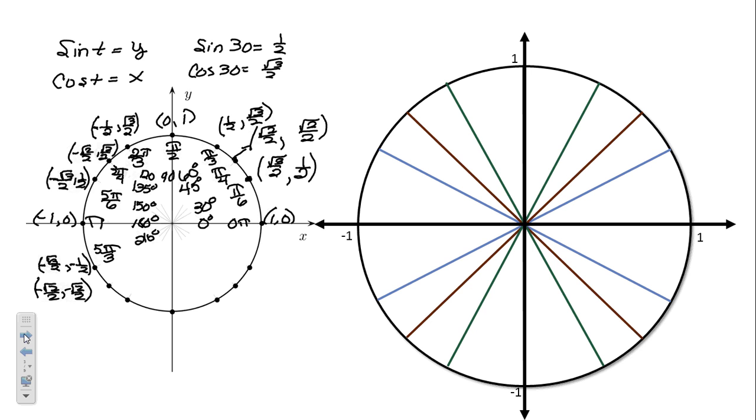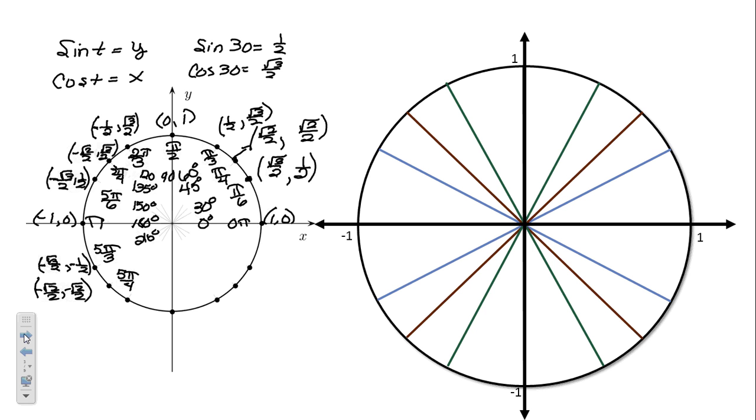And this guy is how many pi over 4? Right? I always say 1 pi over 4, 2 pi over 4, 3 pi over 4, 4 pi over 4, 5 pi over 4.